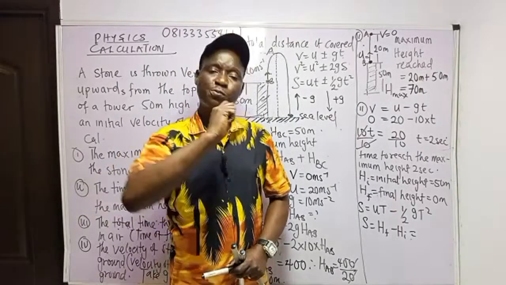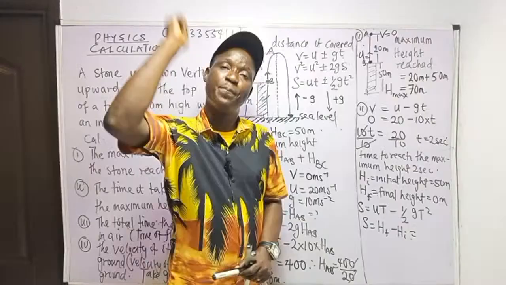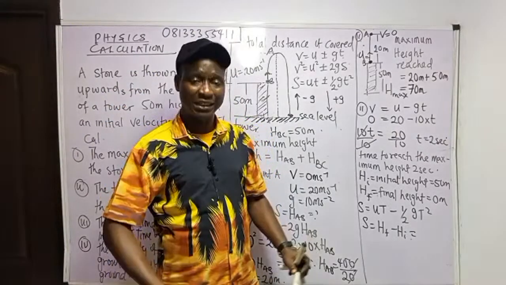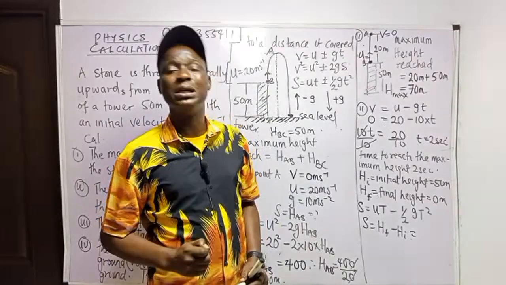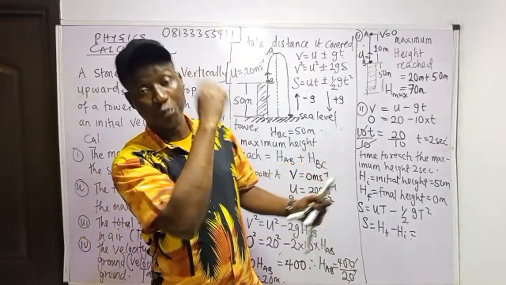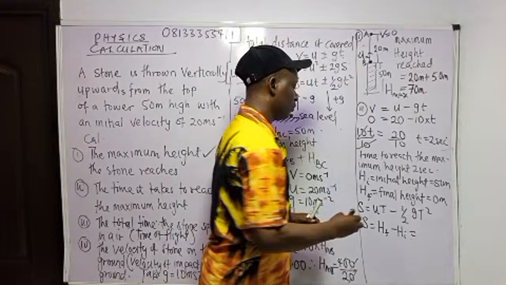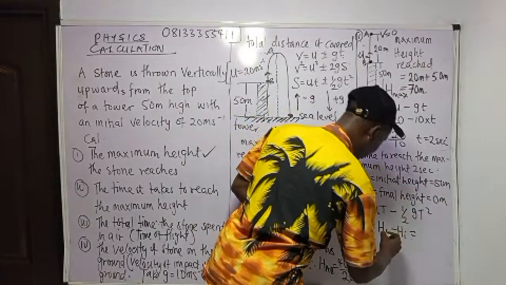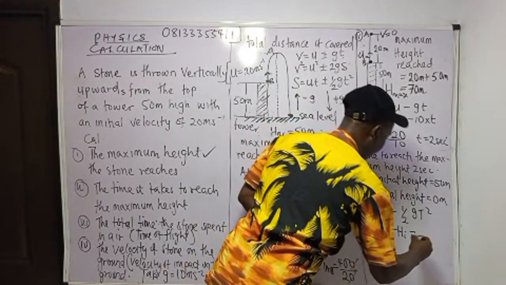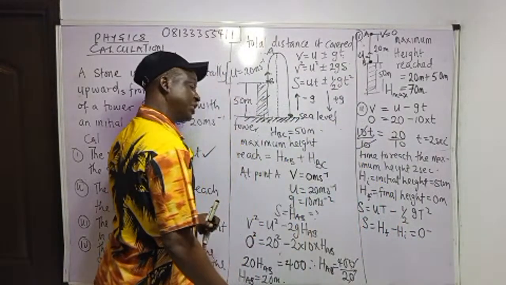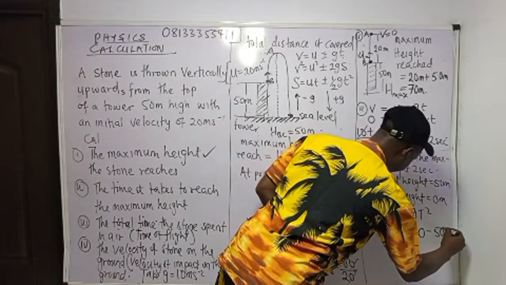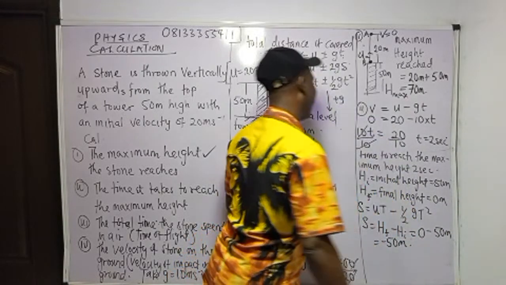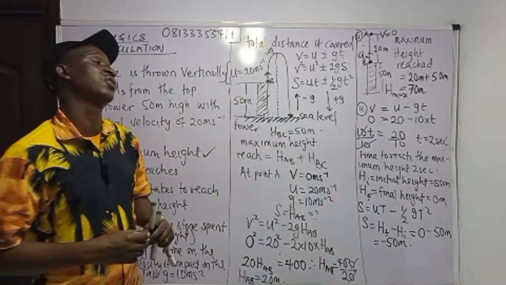There must be a displacement before the body will move against gravity. We have it in sport like javelin. Javelin is a good example of a body projected against gravity. You have the initial and the final position. H final is 0, then H initial is 50. So our displacement is minus 50 here.